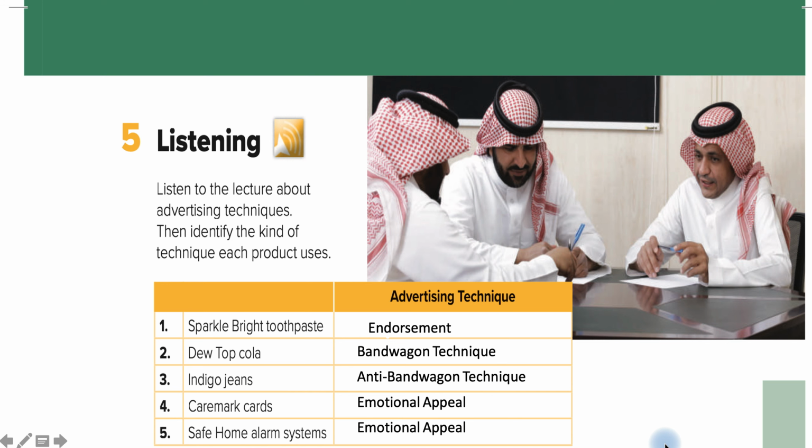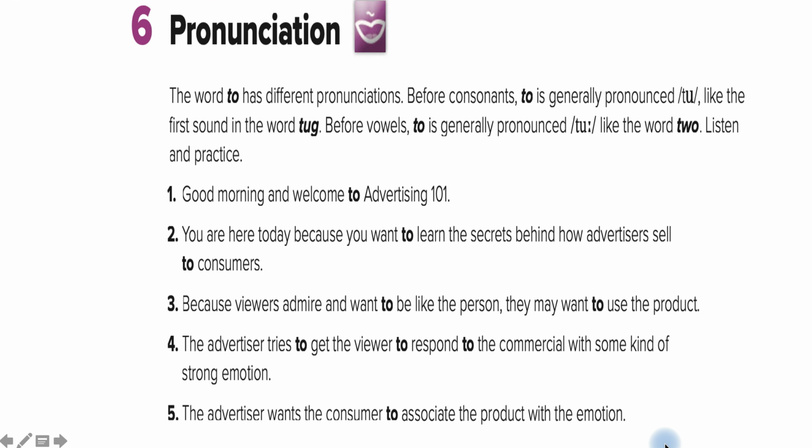Okay, now let's move on to the next part, which is the pronunciation part. As I said previously, right now you will practice pronouncing different sounds of the word to, and get ready to listen to how this word is pronounced in each sentence, and of course afterwards you're supposed to practice saying these sentences aloud.